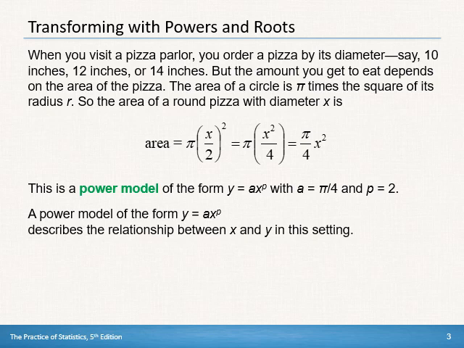The power model in the form y equals a x to the p describes the relationship between x and y in this situation. So we know that the relationship between the diameter and the area of the pizza is a power model.